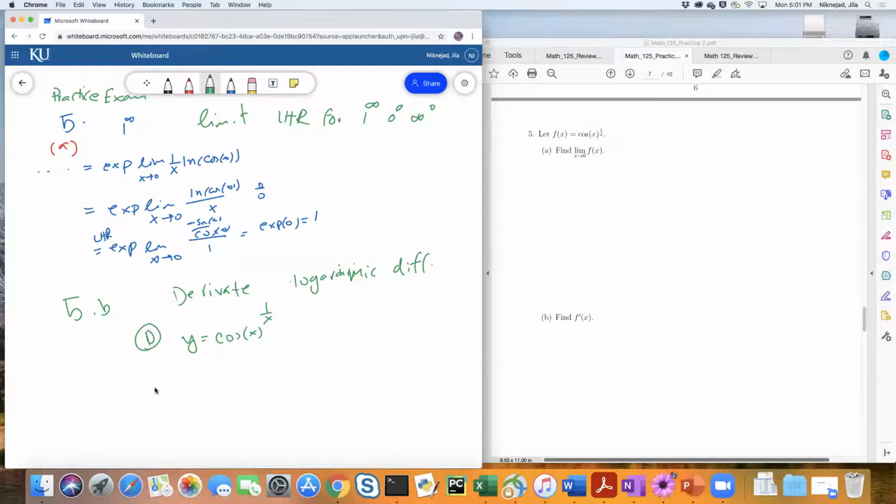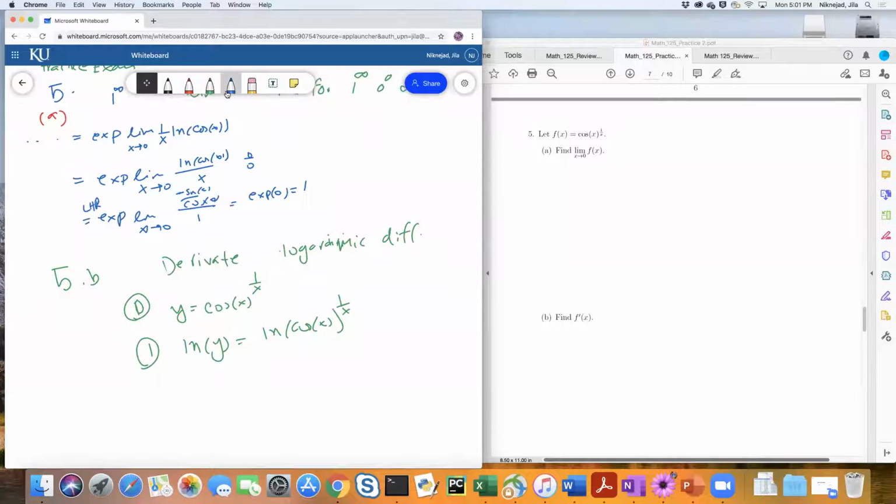Technically it's a 0th step. Step 1, I take the natural log of both sides. And why is that? Natural log, there's always a purpose, and the purpose is to basically get rid of the exponents like we did in the other place.